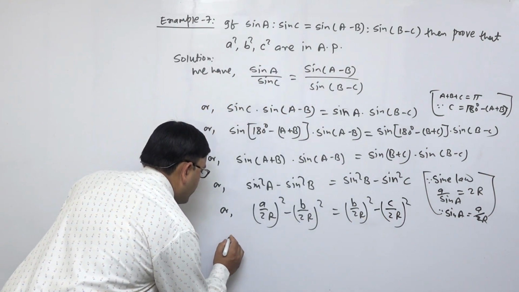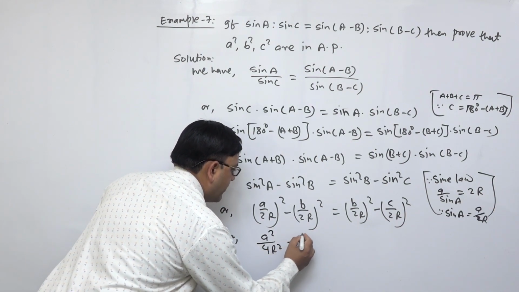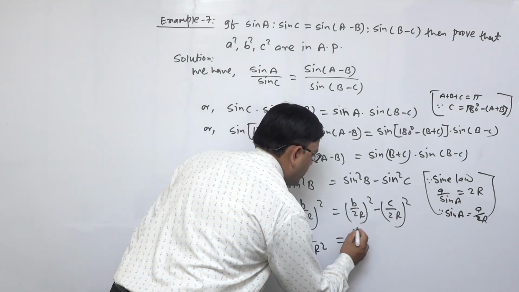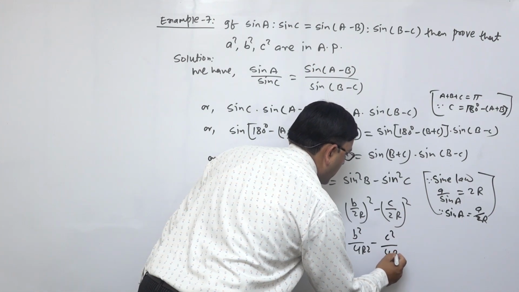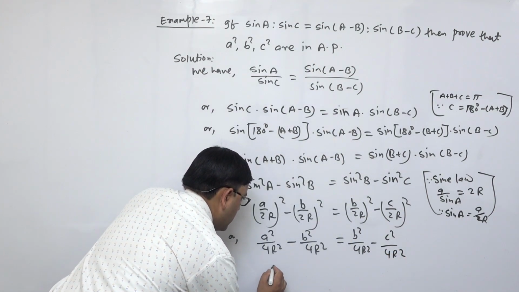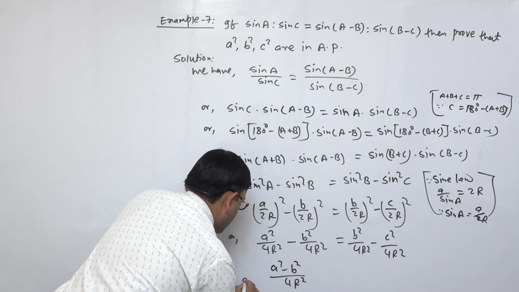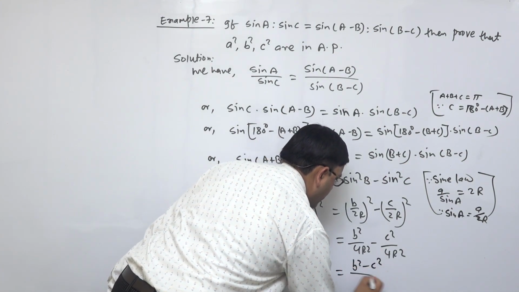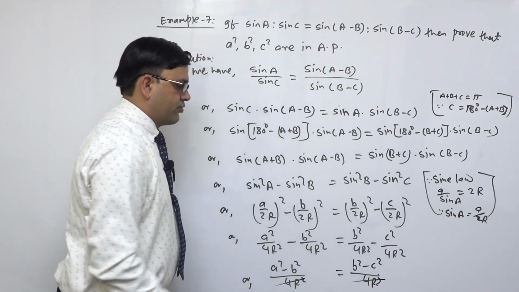Now by opening the square, a square by 4R square minus b square by 4R square is equal to b square by 4R square minus c square by 4R square. Taking 4R square common, a square minus b square by 4R square is equal to b square minus c square by 4R square. So 4R square and 4R square we can cancel.